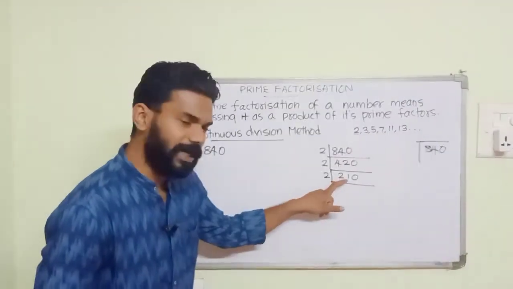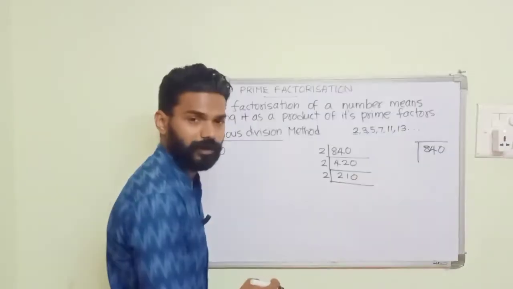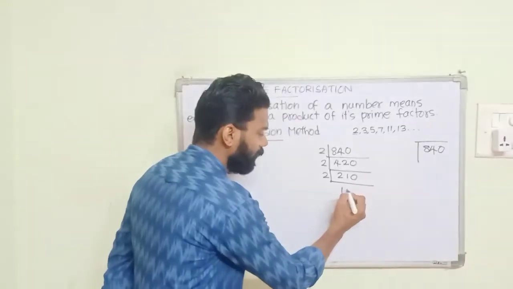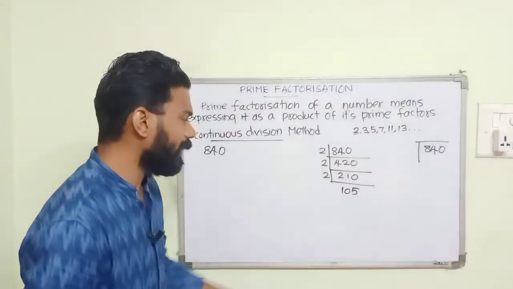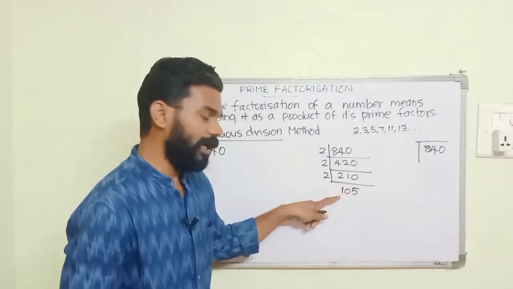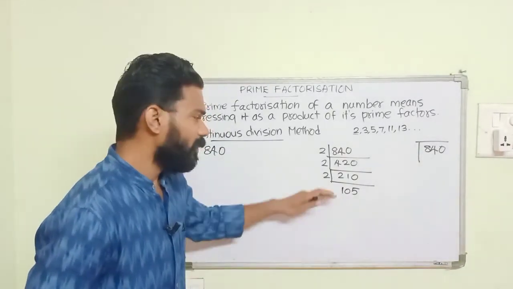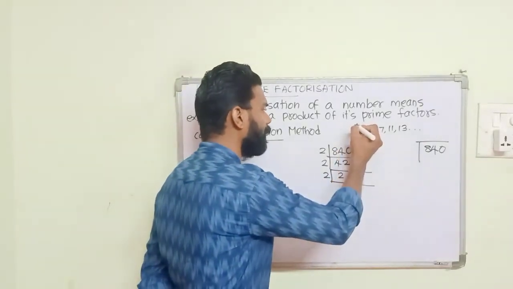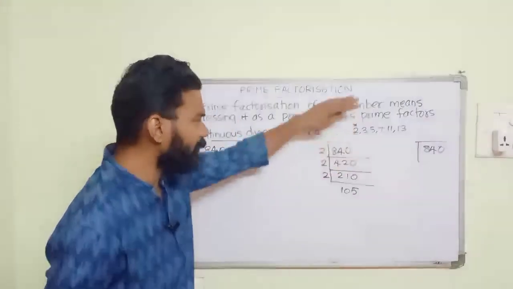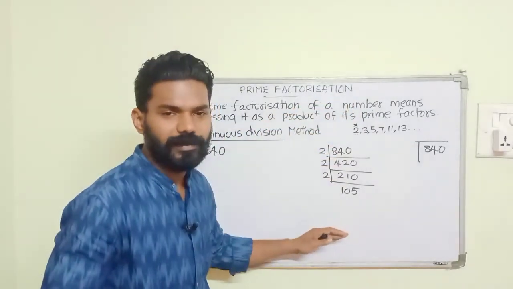Now when 210 is divided by 2, we will get the half of this 210, which is going to be 105. Now you can see this 105, it is an odd number. So now we cannot continue the division by the prime number 2. So the division by this prime number 2 is over in this case.